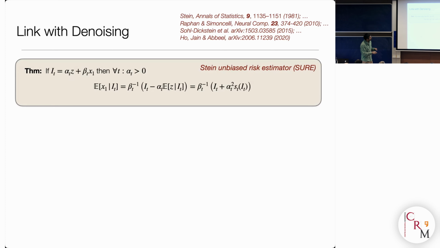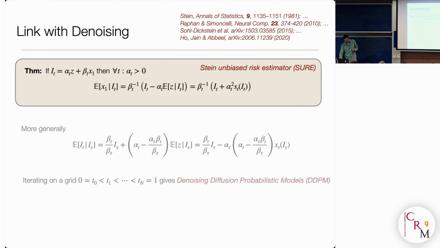Then, the Stein estimator is telling you that the conditional expectation of the data given the information in the noisy sample has an expression that involves the score. And this can be used a priori to do denoising. But what people have realized for a long time is that if you do denoising like that in one step, it doesn't work very well. And so what was done in practice is to do denoising in multiple little steps.